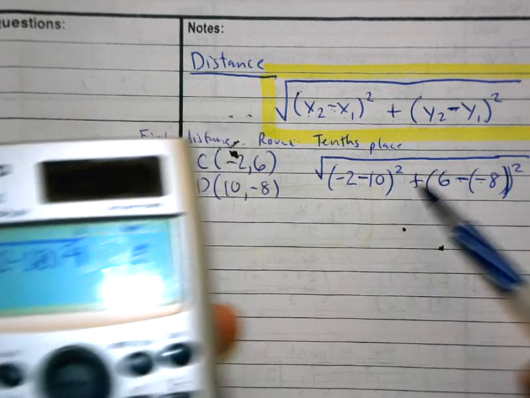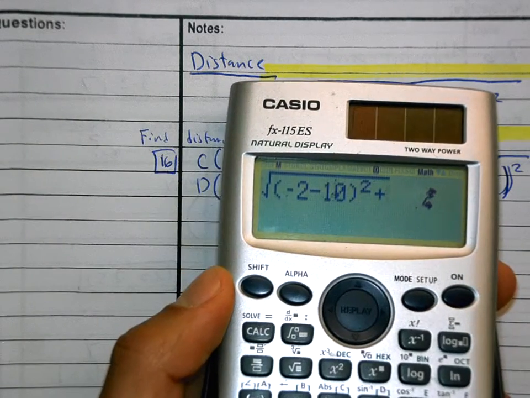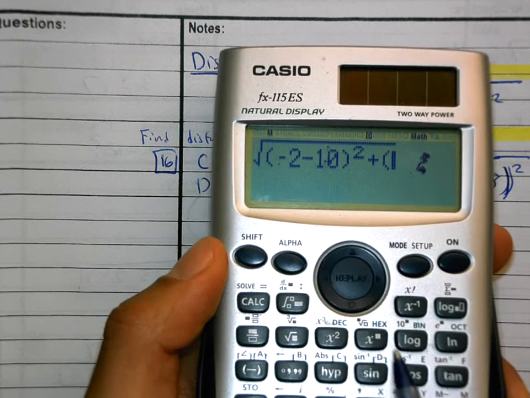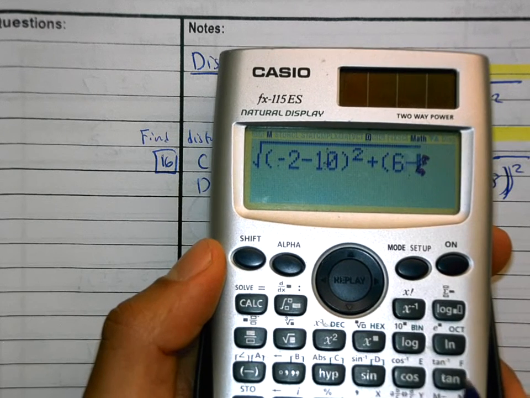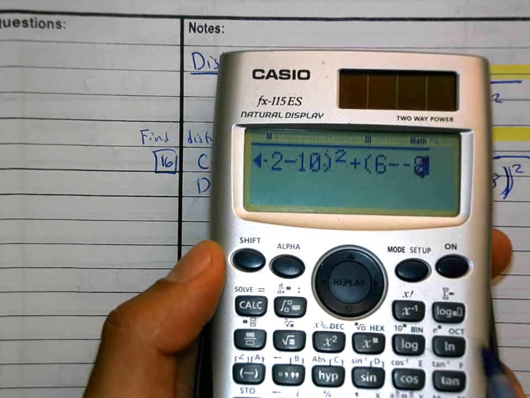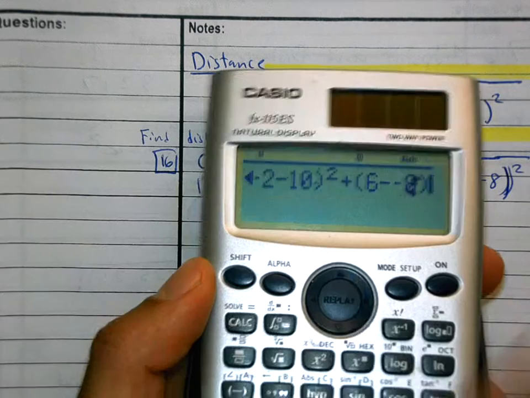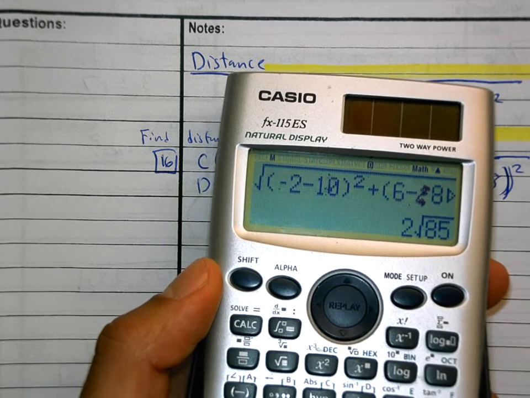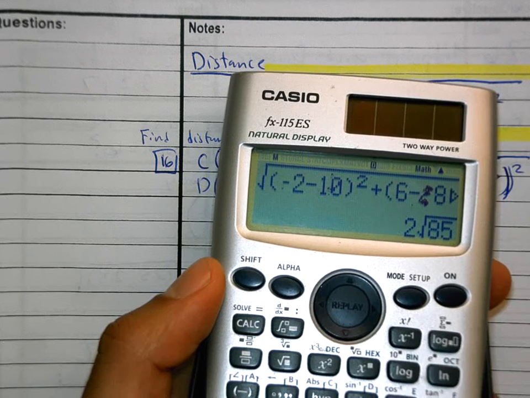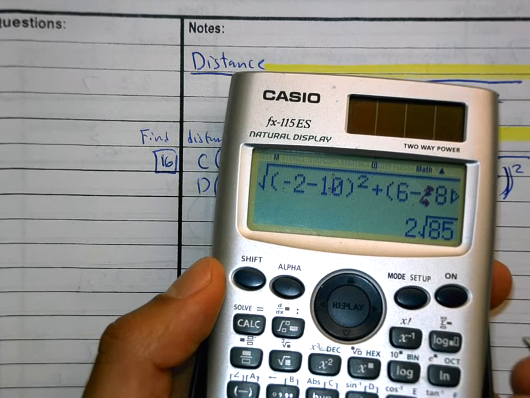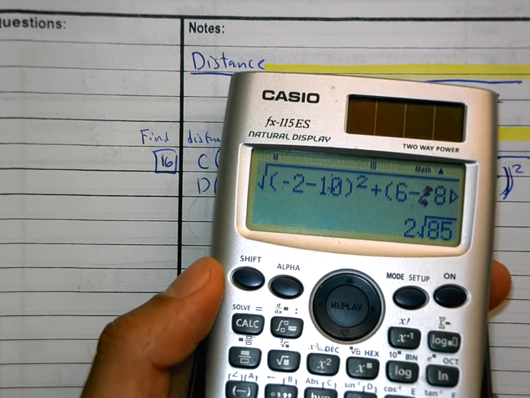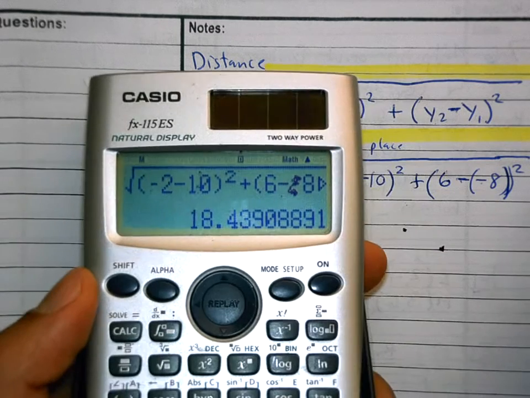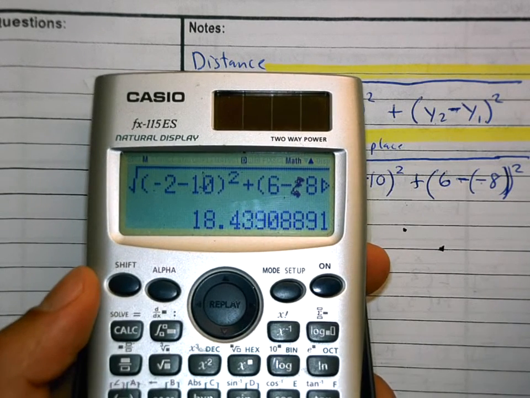Plus parenthesis, 6 minus a negative 8, end of parenthesis, squared. And my recommendation is that you do it like this. This puts it into radical form, but I always want you to round to the nearest 10th place. It's about equal to 18.4.